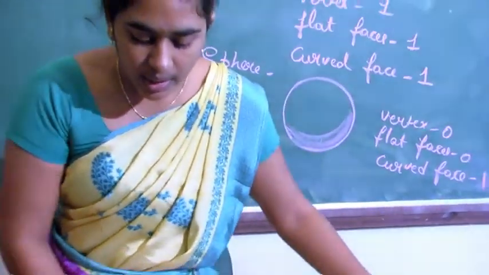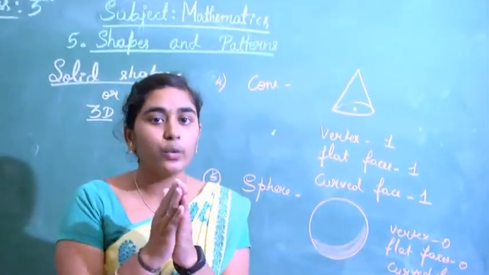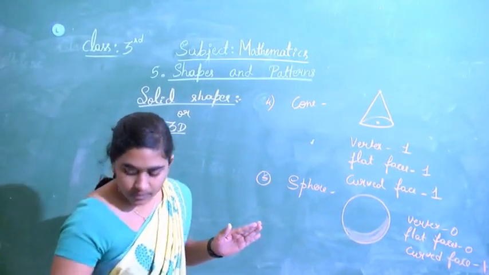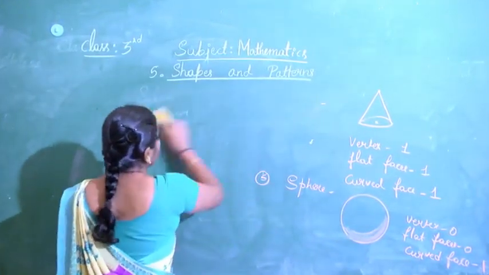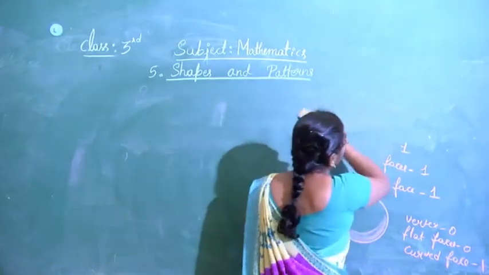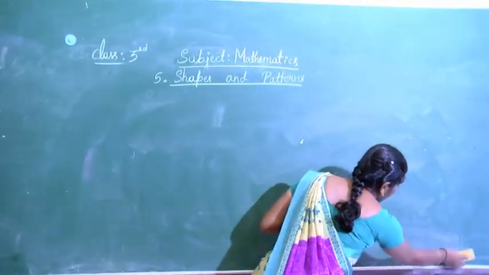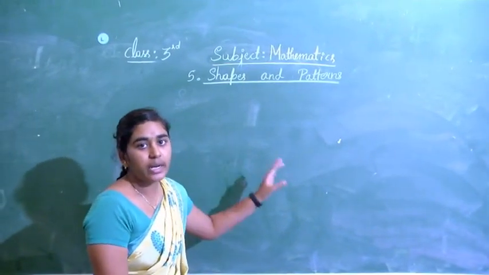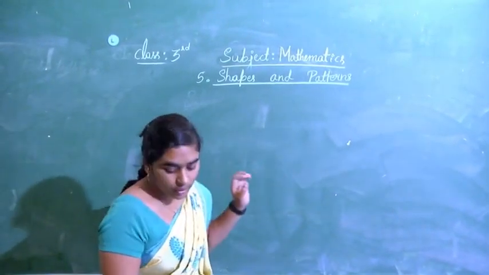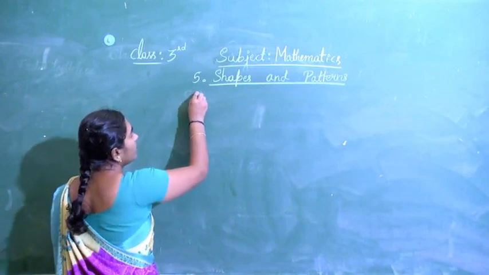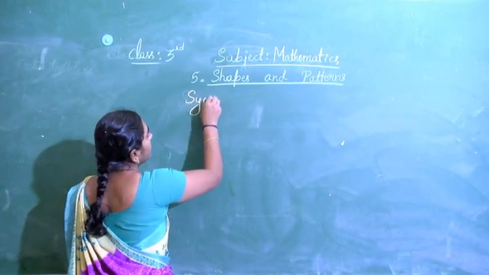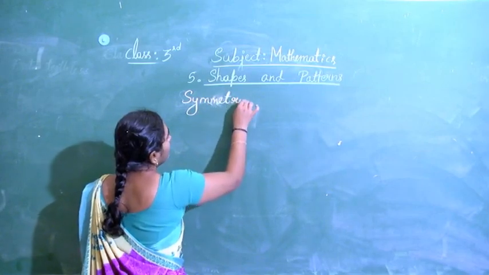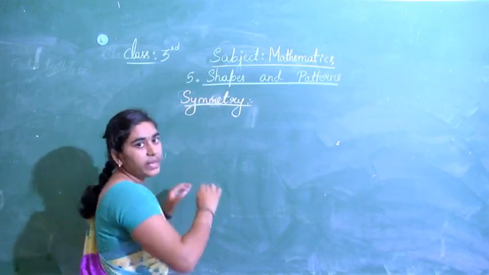Symmetry is nothing but dividing a picture into equal parts. Now we are done with shapes. You only had to identify the pictures and write their properties. Now we will go for symmetry.